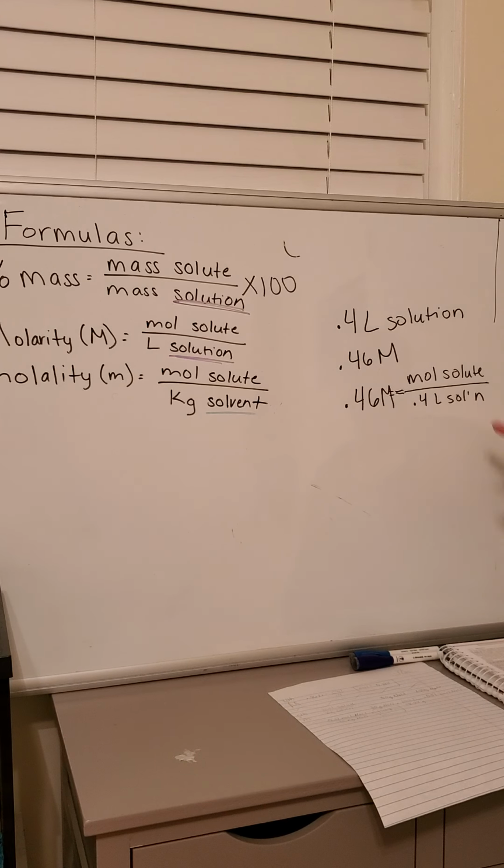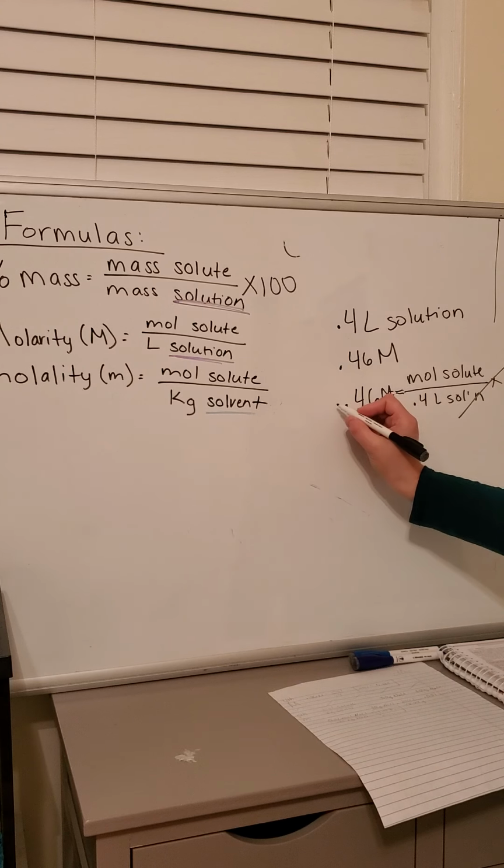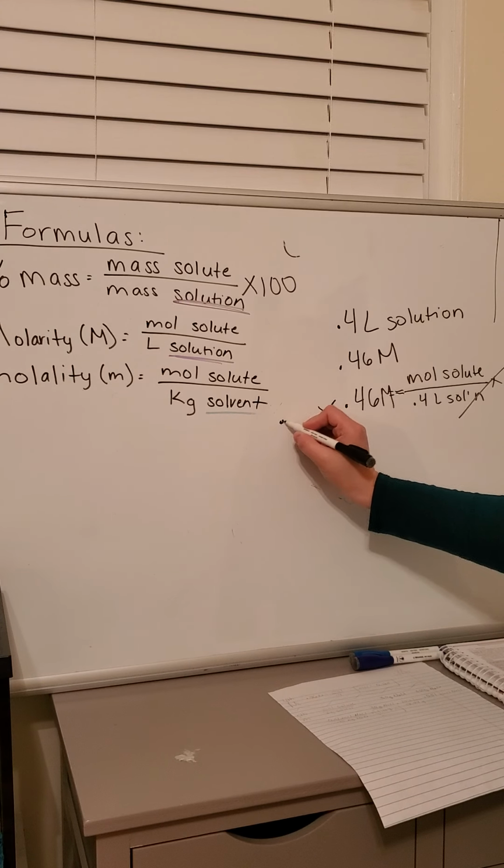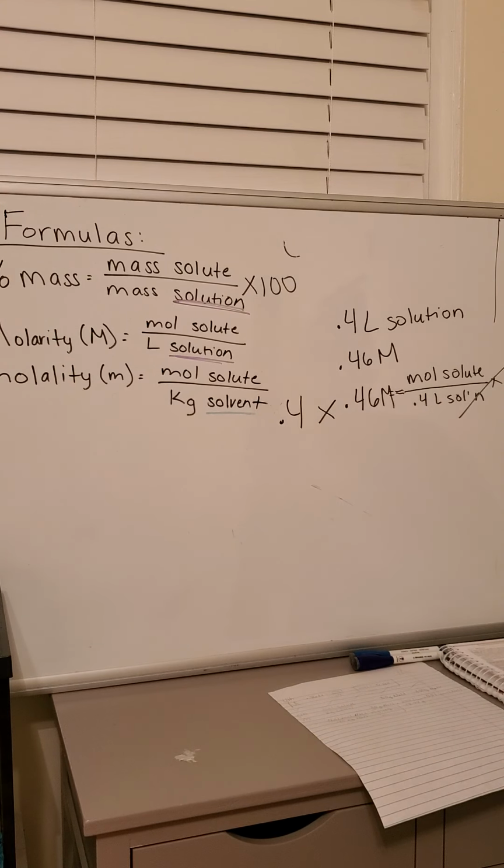In order to get moles of solute by itself, we're going to multiply both sides by 0.4, and that will give you moles of solute.